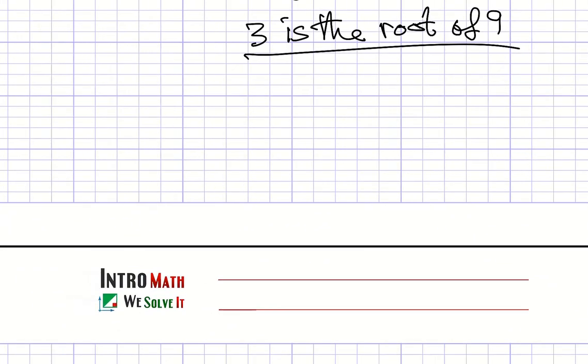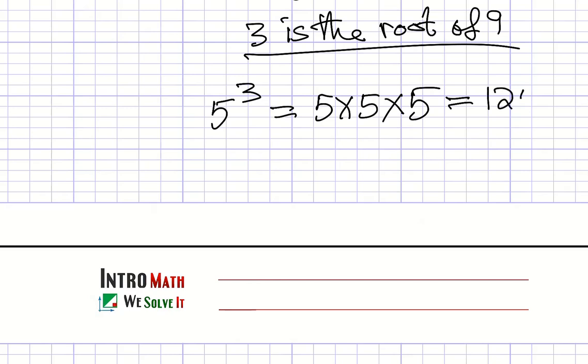You could have 5 raised to power 3, which is 5 times 5 times 5, which will give you 125, right? So they say 5 is the cube root of 125. That's how they say that 5 is the cube root of 125.